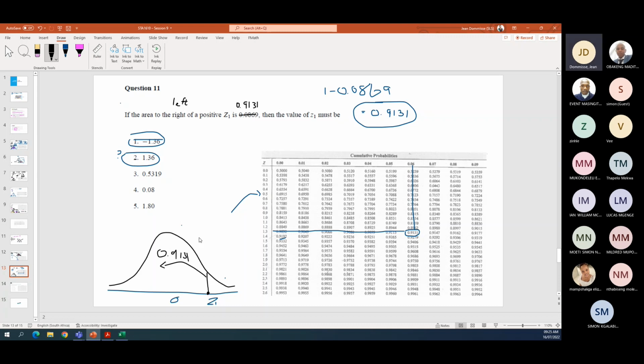So what they could have said, now that I've done this, is they could have used the area to the right of a negative.